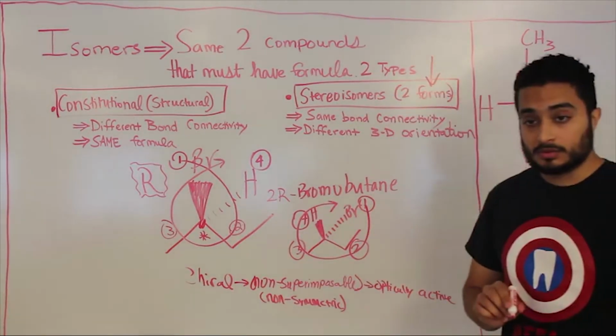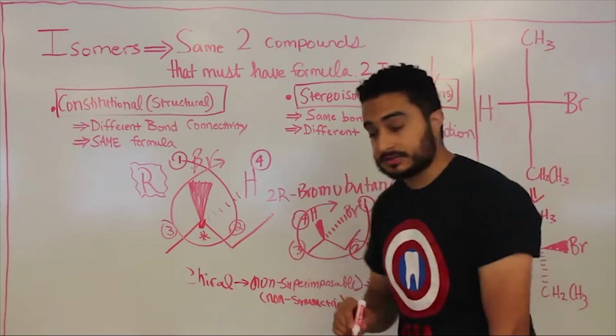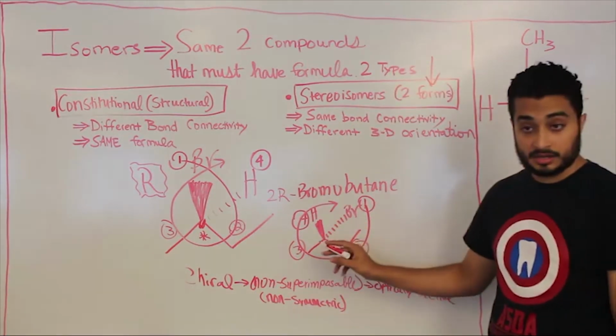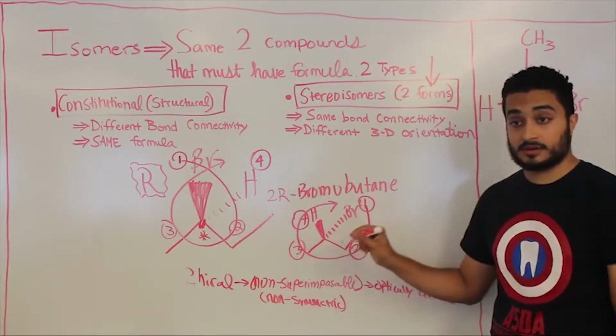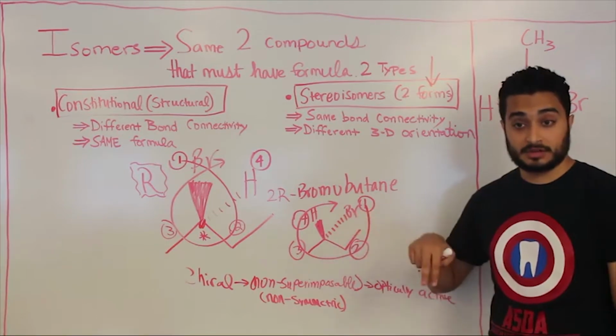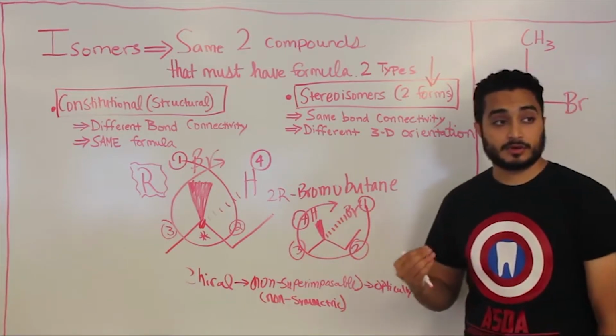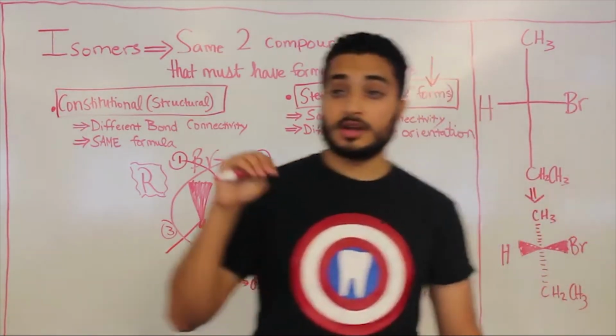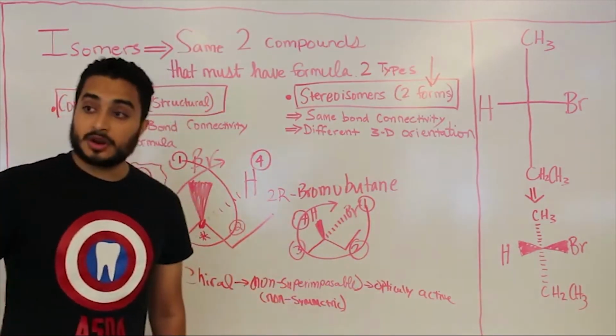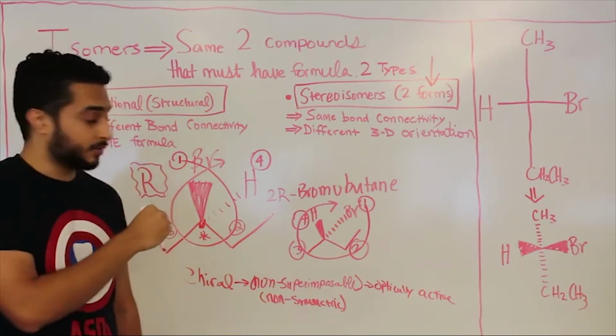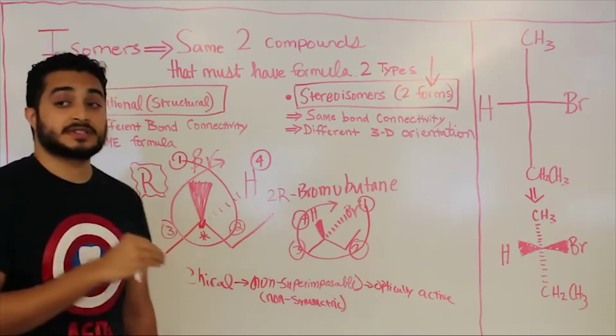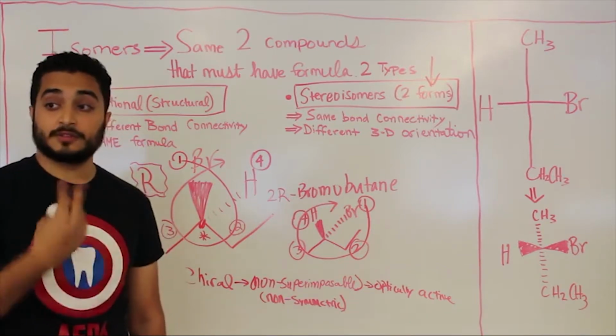But the important rule with priority is if your fourth priority, which is this hydrogen, is ever on a wedge, you have to flip it. Because the ideal situation for R in this configuration is for your lowest priority, the fourth priority, which is this hydrogen, to be on a dash. If it's not on a dash, you want to flip it.